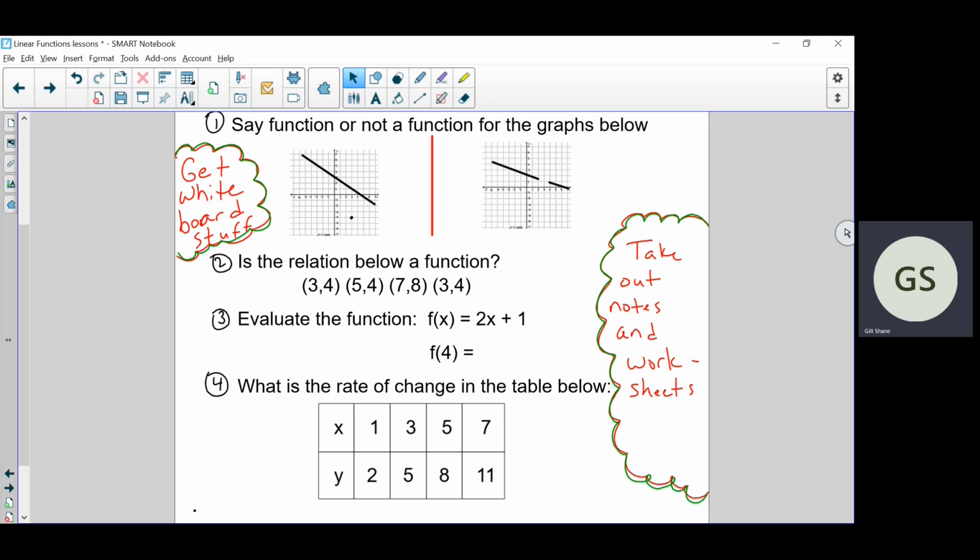If it is a function, they'll ask what you could do to make it not a function. You're either just going to add a point or remove a point normally. Because I just added a point to make that not a function, because now I'm going to hit 2 points at once. If I gave you this originally and asked how you would make that into a function, well, you just get rid of that dot right there.